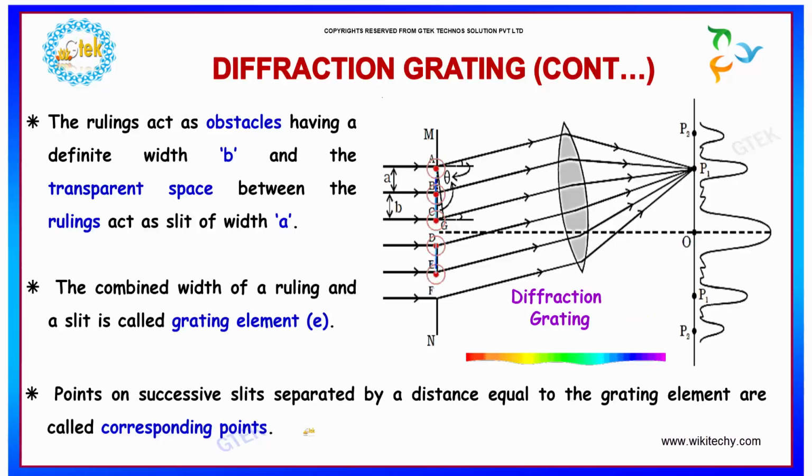The points on successive slits separated by a distance equal to the grating element are called corresponding points.